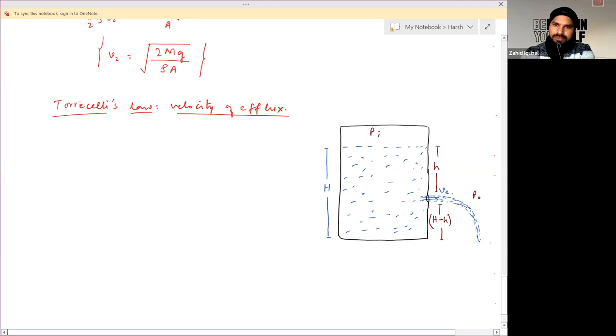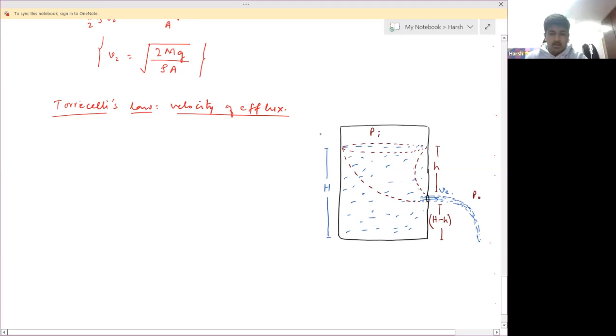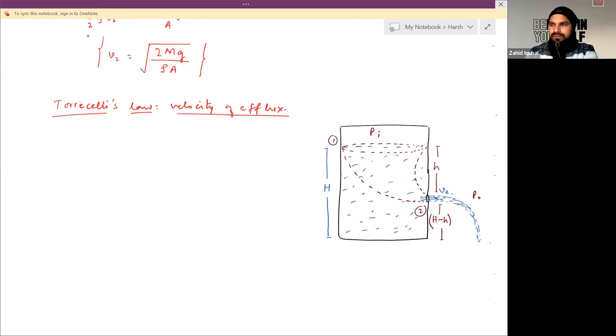I'm assuming this particular part in the shape of a tank or a tube like this, whose one end is at this point and the next end is at this point. Is it clear? Yes, sir. So let's say this is the first end and this is the second end. At the first end, since the area is very large, the level of liquid falling down will be very small.